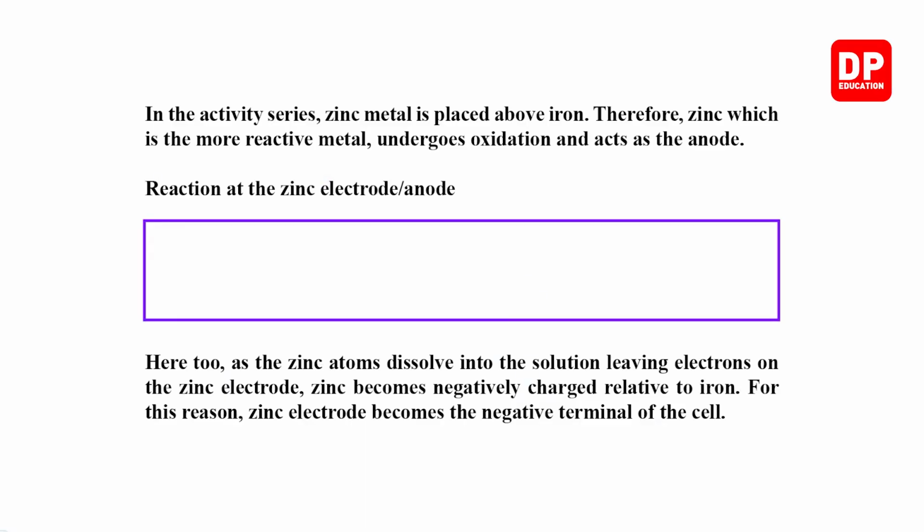So here, in the activity series, zinc metal is placed above iron. Therefore, zinc, which is the more reactive metal, undergoes oxidation and acts as the anode.